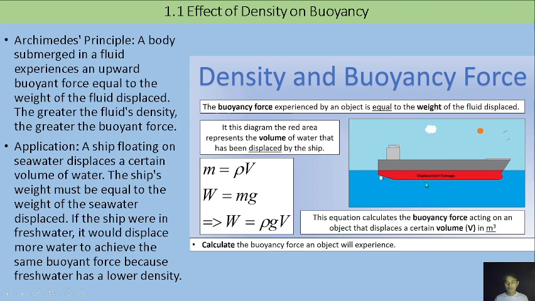So yung buoyant force mo or yung weight ng na-displace mong tubig ng barko is equal to, the formula will be, density times gravity times volume. So there is a certain volume ng barko na dinidisplace mo yung liquid mo o yung dagat.